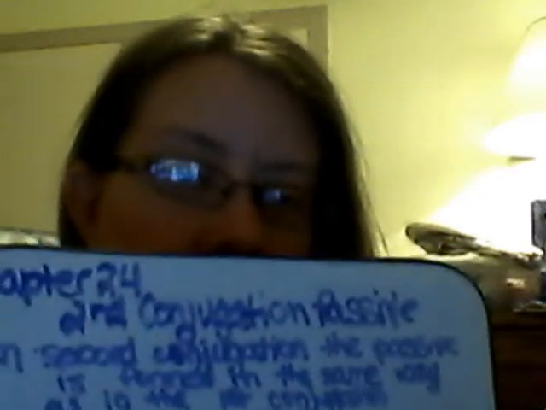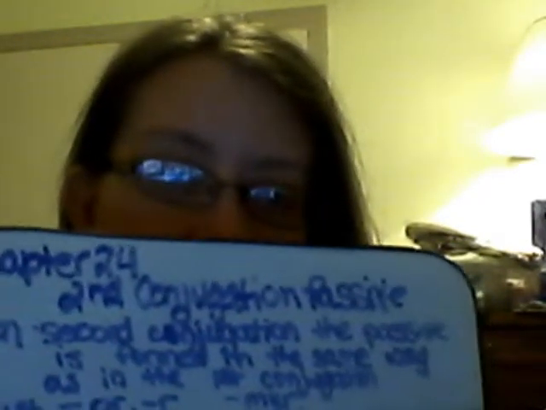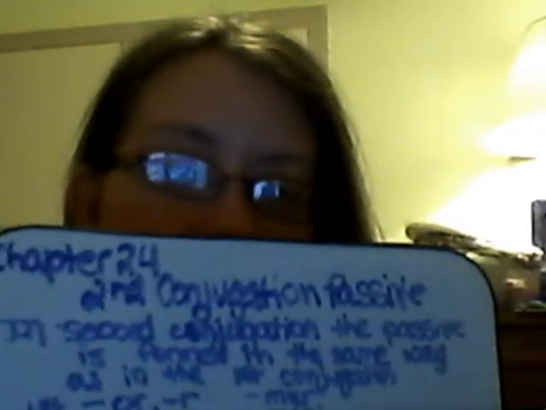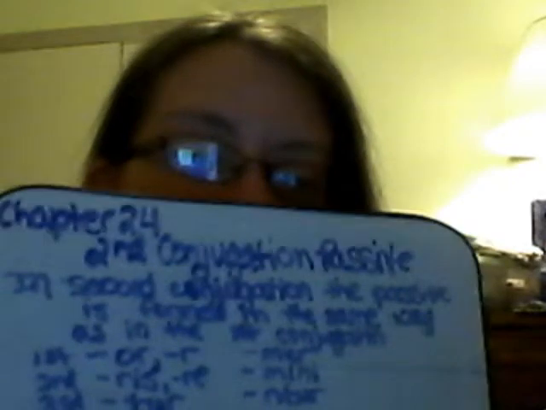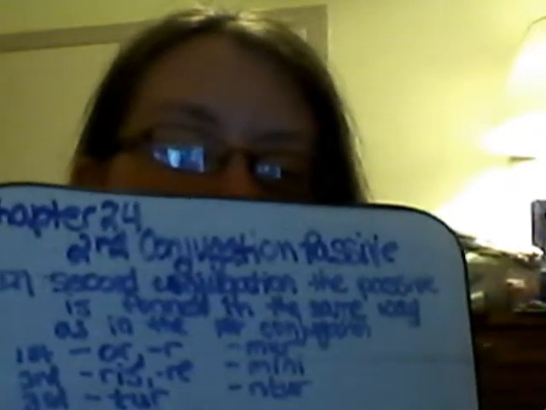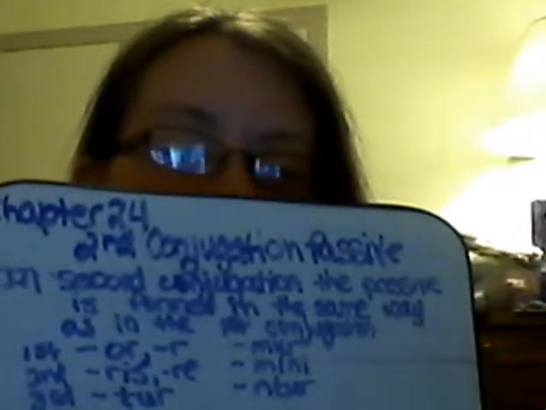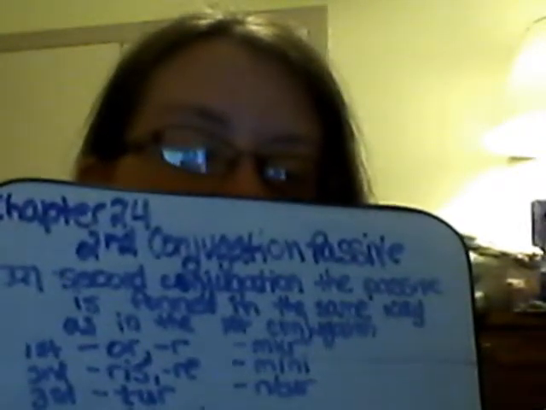Second conjugation passive, you just need to know that the passive is formed in the same way as in first conjugation. Use the same endings that we learned in chapter 23. First person singular is -or, -r, either one.